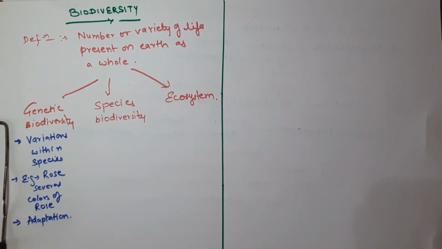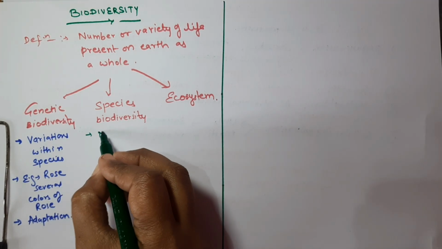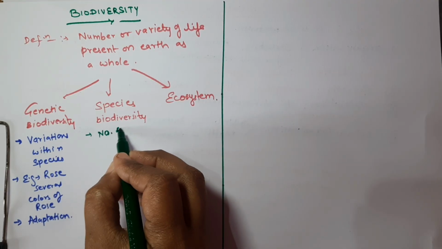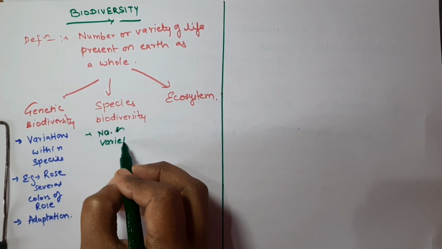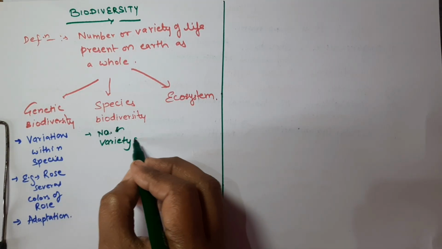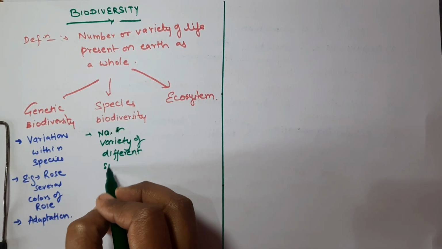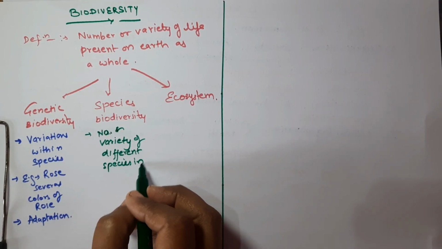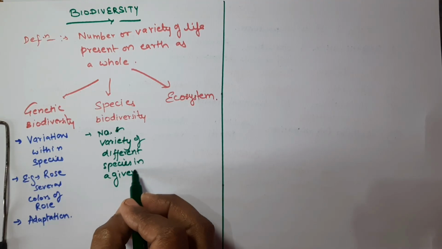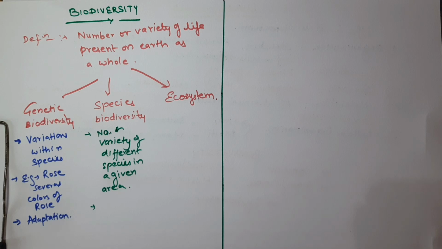Then we are going to talk about species diversity: the number and variety of different species in a given area is known as species diversity. An example is the rainforest.